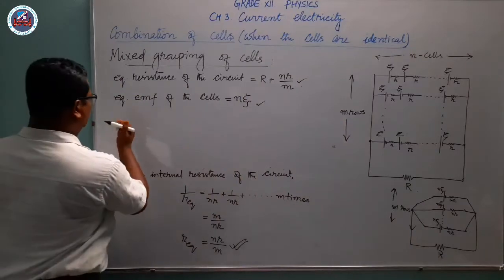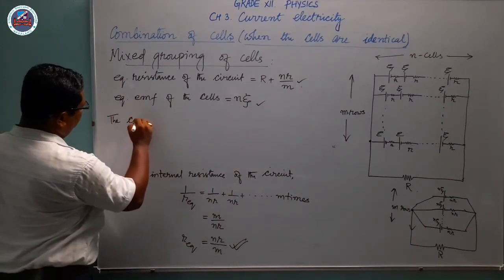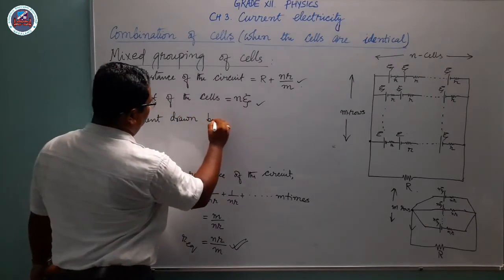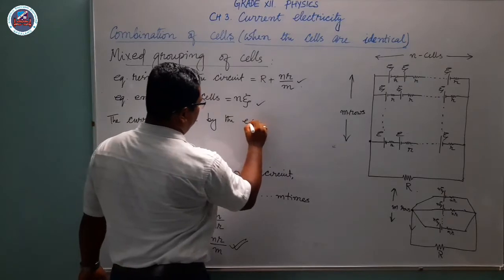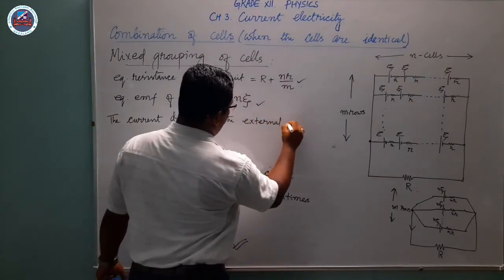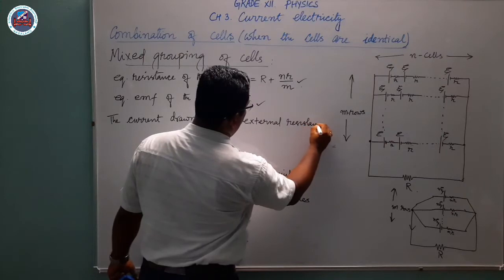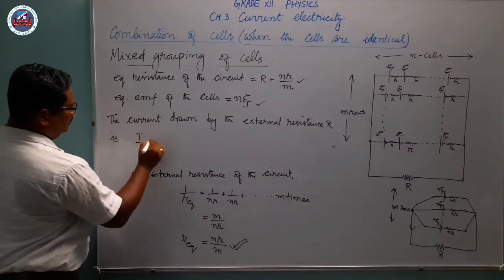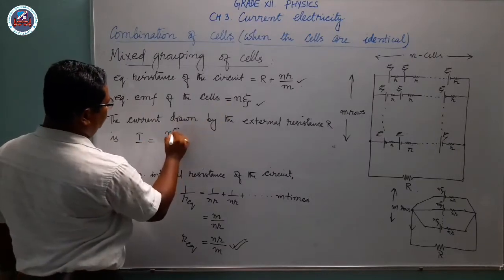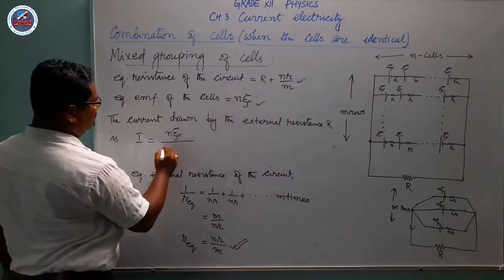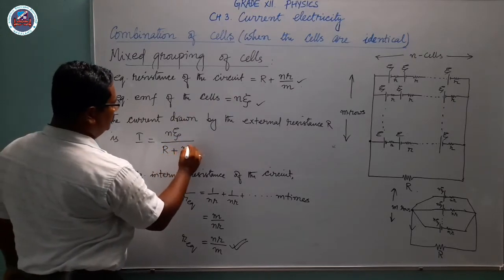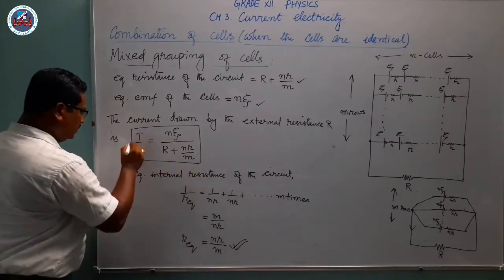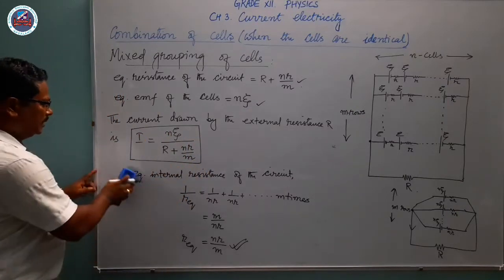The total current drawn by the external resistance R is I equal to the equivalent EMF divided by the equivalent resistance for the whole circuit. With this you can calculate the amount of current that can be drawn by mixed grouping of cells.